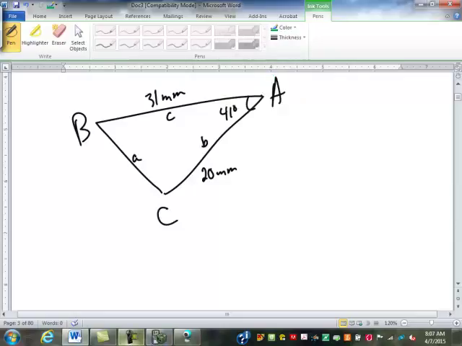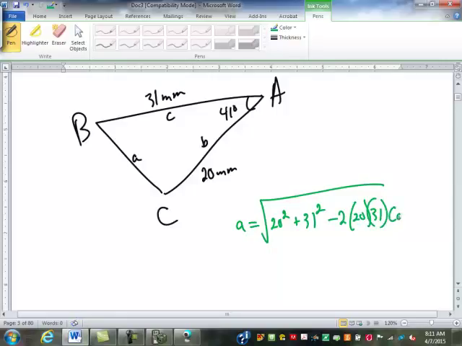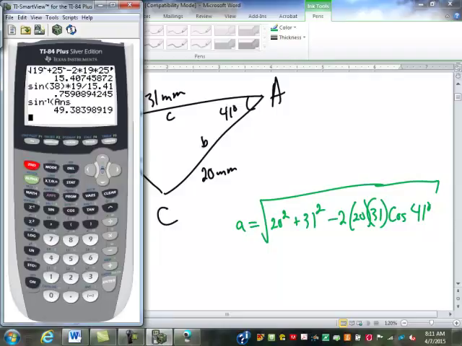Like, what's going on? What we have, A is going to equal the square root of 20 squared plus 31 squared minus 2 times 20 times 31 times the cosine of 41 degrees. Now notice I managed to switch the variables around.